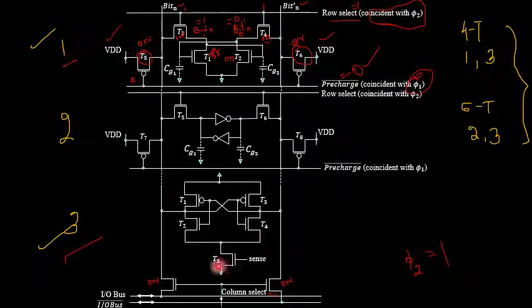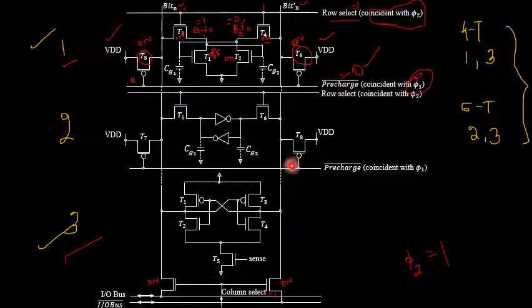If you are having this particular sense line, that is the sense input which I have applied to the gate terminal of transistor T5, and I make that inactive, or a logical 0 state, obviously there is no need for the sense amplifier at all, because when this becomes equal to 0, this transistor is turned off, so there is no connection from the flip-flop circuit to the sense amplifier.